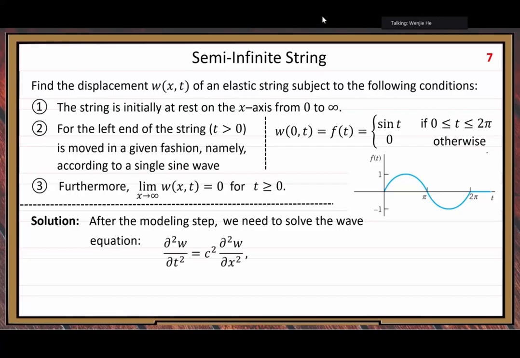This is the second partial derivative of W with respect to t on the left-hand side, and on the right-hand side the second partial derivative with respect to x, times some constant c squared. That's the wave equation.